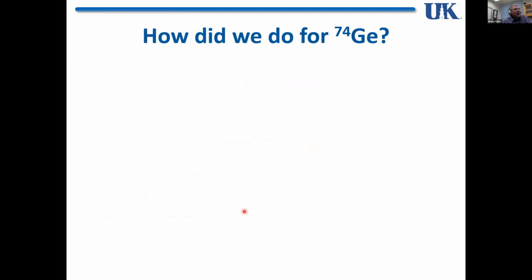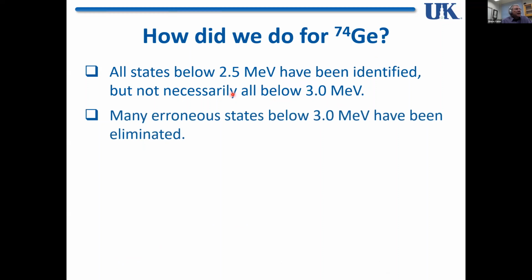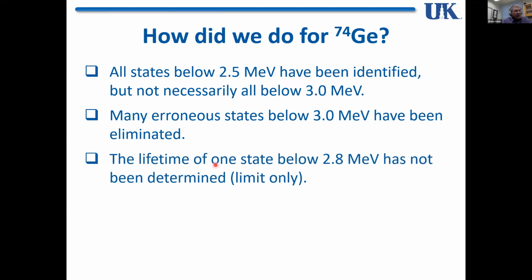And so let me just summarize how I think we have done for germanium-74 in approaching my goal of a comprehensive approach. I'd say that we have identified all states below 2.5 MeV, probably up higher, but probably not all of those below 3 MeV. The many erroneous states below 3 MeV we have eliminated. The lifetime of only one state below 2.8 MeV was not determined.